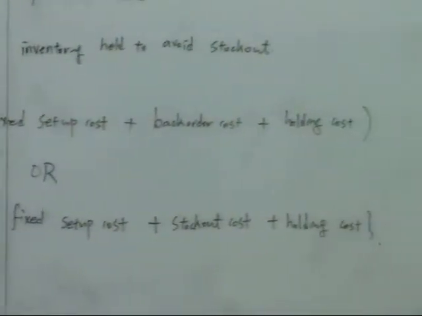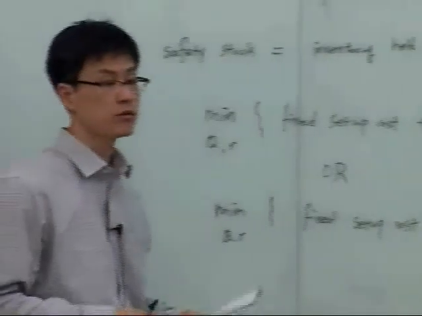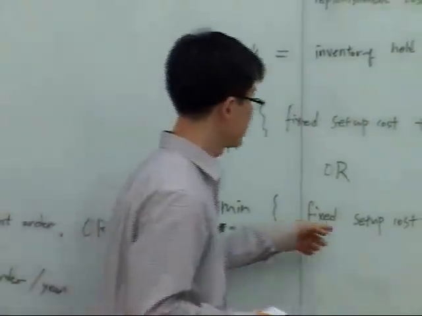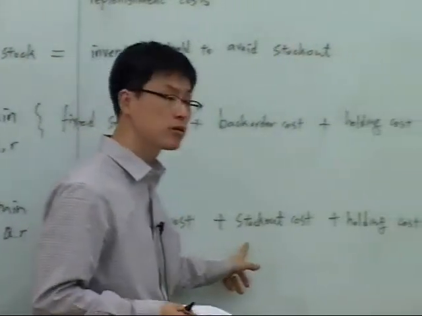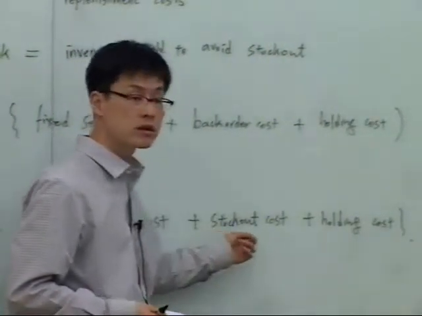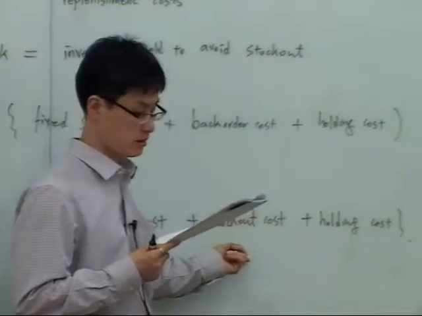Your decision variable, design space, is Q and R at the same time, but it's the same thing. However, now you're considering stock out cost.